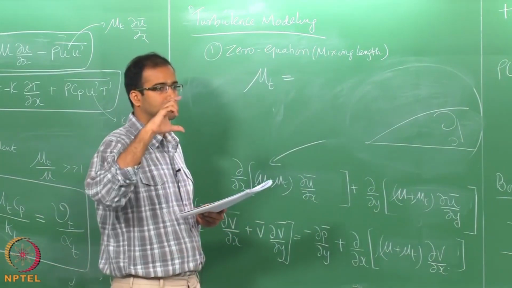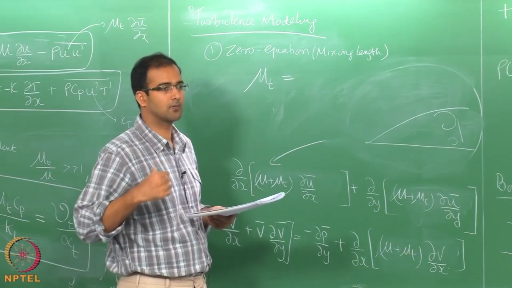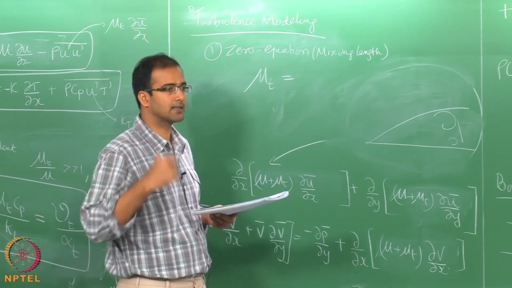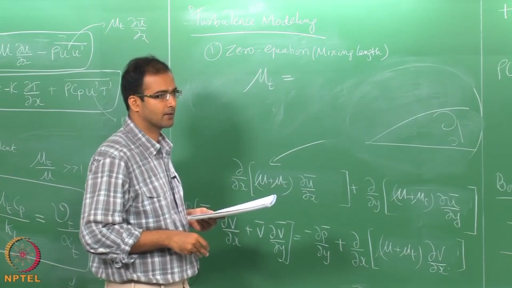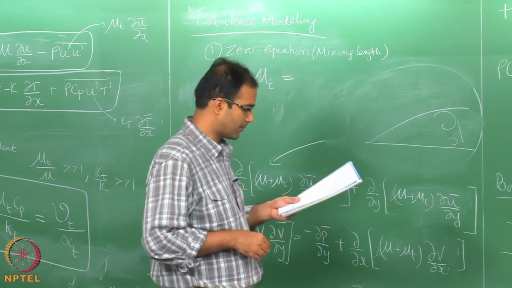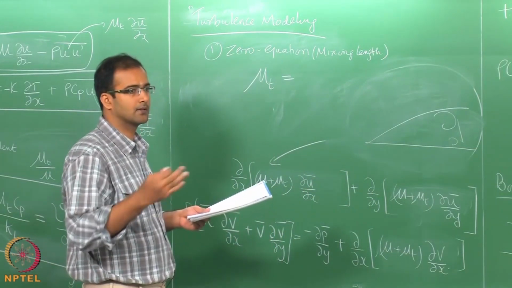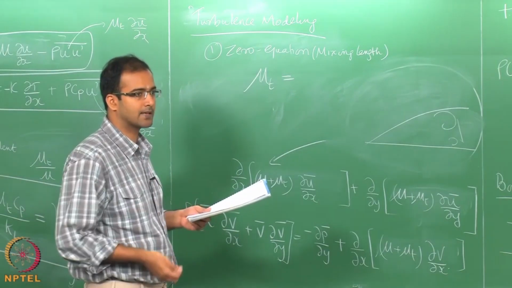There is a certain length till which the large eddies maintain their size, after which they break down into smaller eddies. This length is called the mixing length. So, Prandtl came out with an intuitive hypothesis which says that the turbulent viscosity should be a function of the mixing length and some velocity scale.